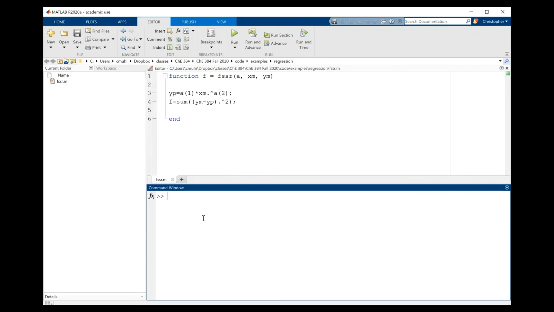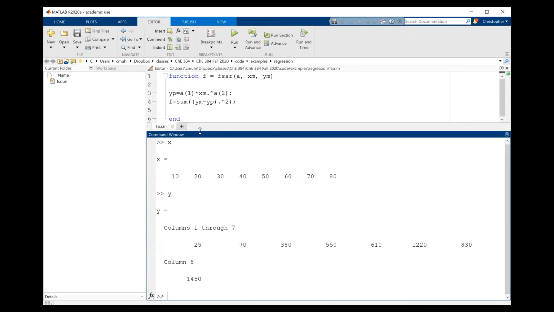Now in my command window, I can enter all the x's and y's. I've already gone ahead and done that to save time. I've just copied over those values from the PowerPoint. So here are all those x's, here are all the y's. Now I'm going to do fminsearch in order to calculate the variables.